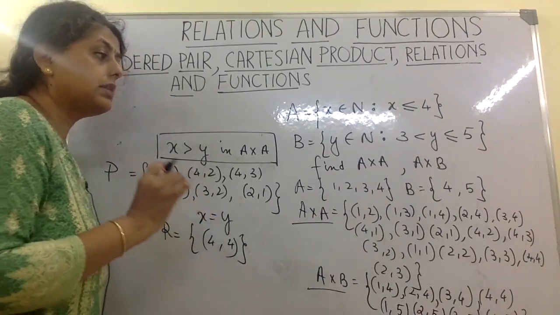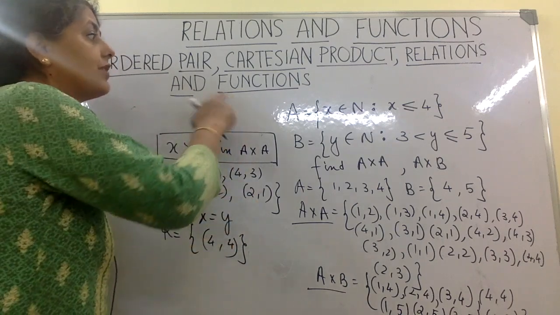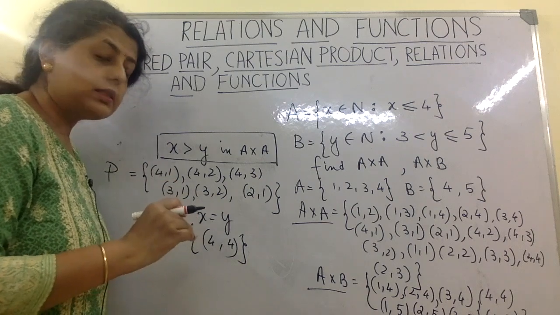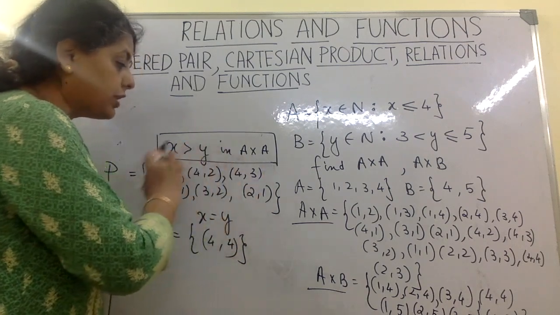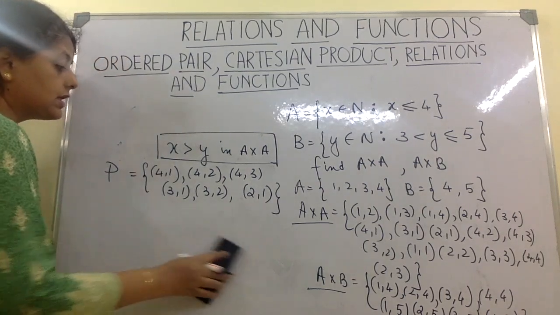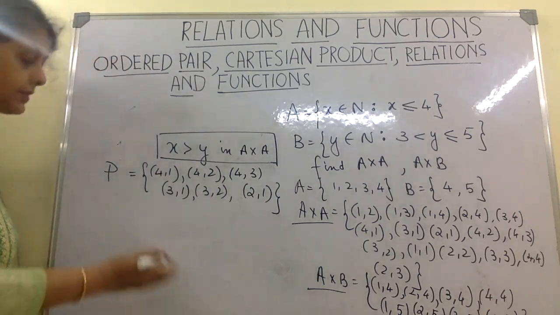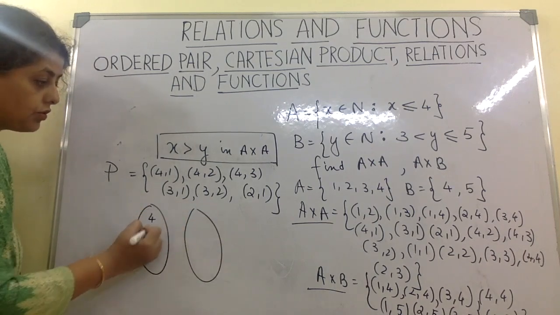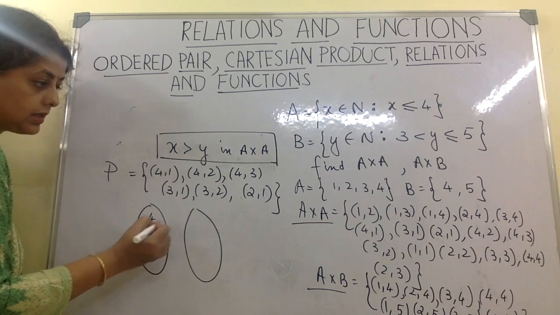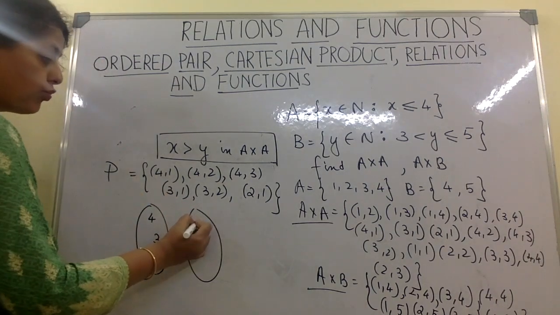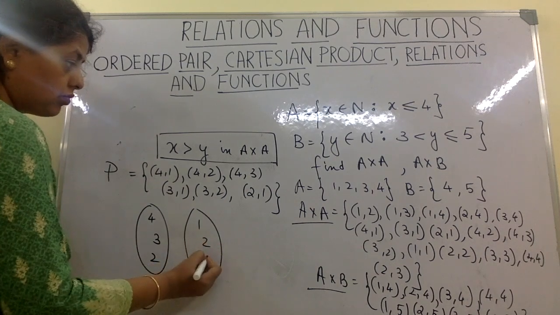The next thing after relations comes functions. What is a function? Now, a function comes from a relation. I will draw it first. The relation was like this: 4, 3, and 2 on this side, and on this side I have 1, 2, 3.